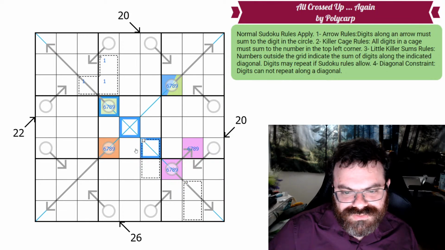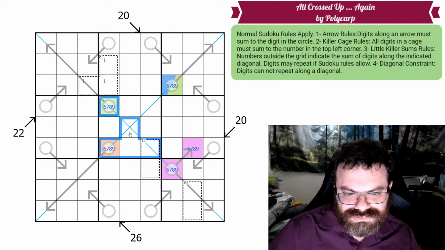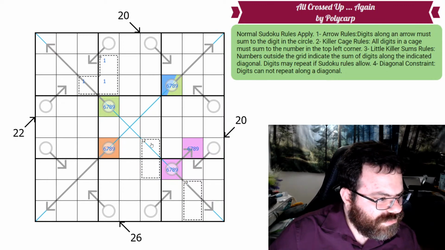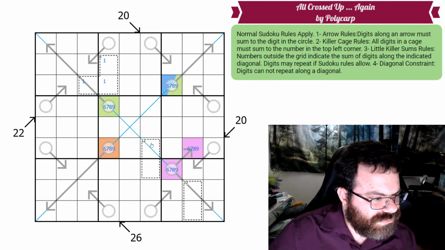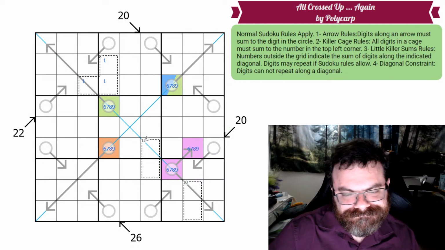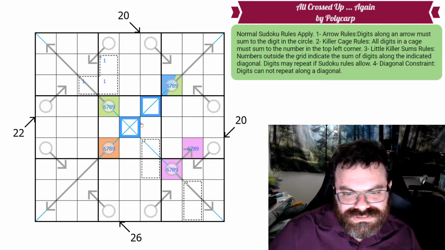Where does purple go in this box? Because it could go anywhere. Yeah, these add to this and this individually.